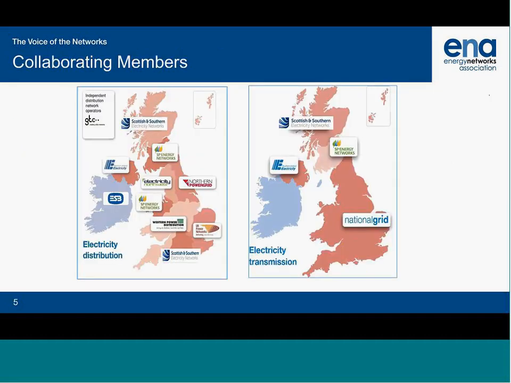Collaborating members are all of the transmission owners, distribution network operators within the ESO, within GB, as well as Northern Ireland Electricity Networks and ESBN from Ireland. We also have the INO GTC engaging and collaborating as members of the ENA.